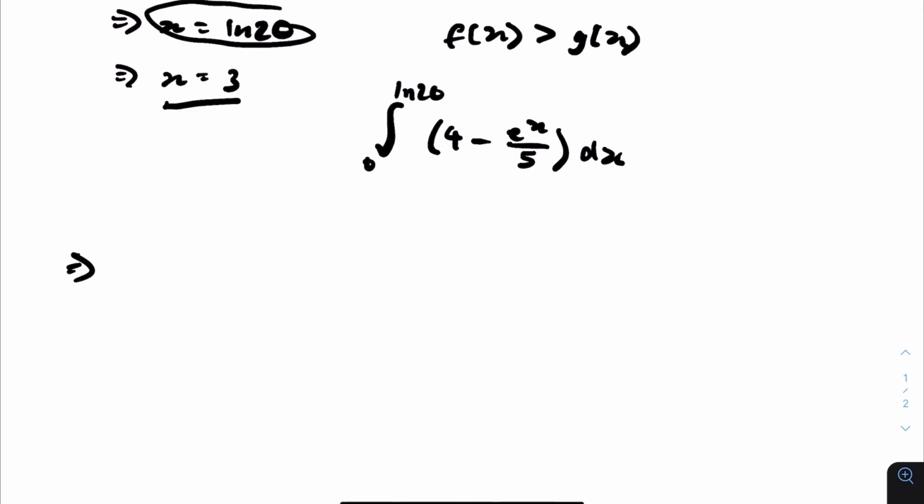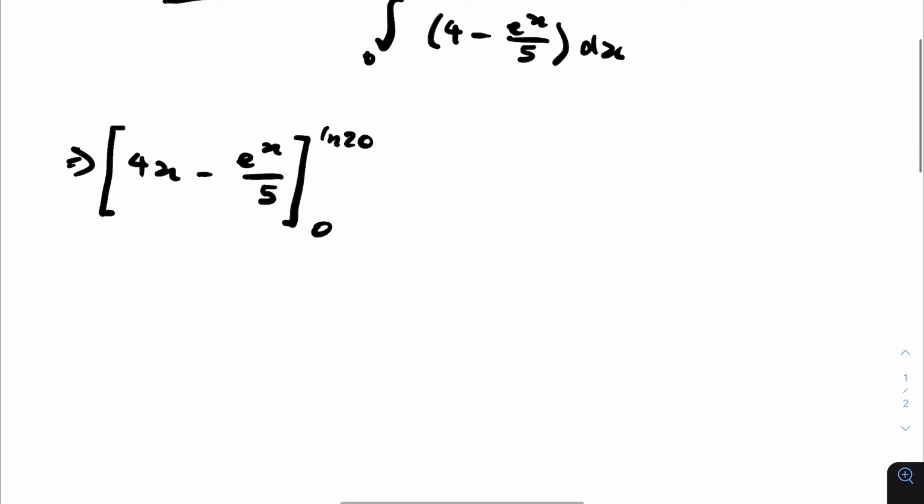The integral of 4 minus e to the power of x over 5 is 4x minus e to the power of x over 5, since e to the power of x just becomes e to the power of x when differentiated, and e to the power of x also becomes e to the power of x when integrated. So our integral is 4x minus e to the power of x over 5, with the bounds ln 20 as the upper and 0 as the lower.